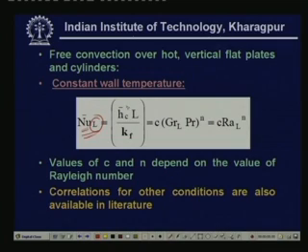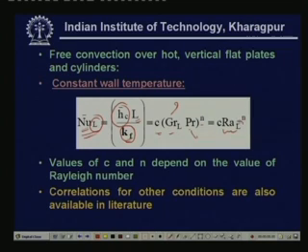This is defined as average heat transfer coefficient multiplied by the height of the plate or cylinder divided by the thermal conductivity of air. Okay. That is equal to C into (Gr_L into Pr) to the power of n, where Gr is the Grashof number, Pr is the Prandtl number, and the product of Grashof and Prandtl number is called another number, the Rayleigh number, okay, Ra.